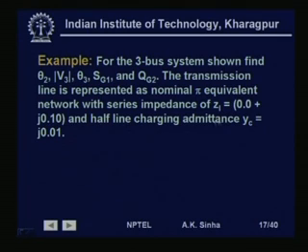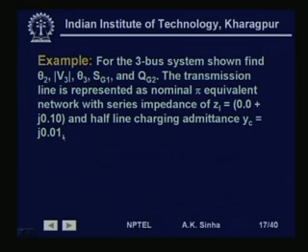The half line charging admittance of the line is j 0.01, that is the half line charging capacitive element at the two ends of the line, or the two buses, is equal to j 0.01 per unit in terms of capacitive susceptance.